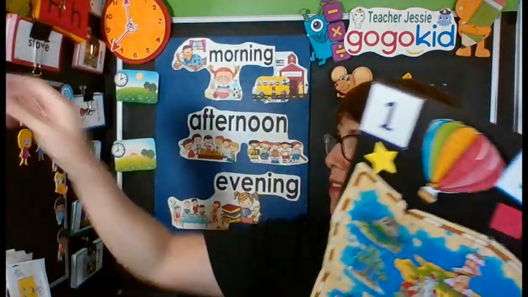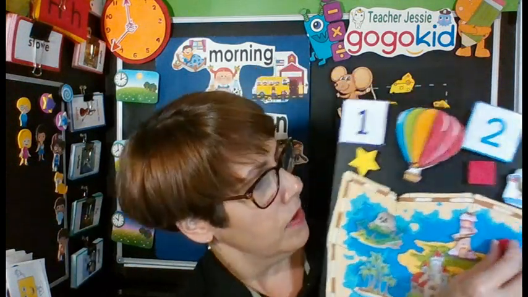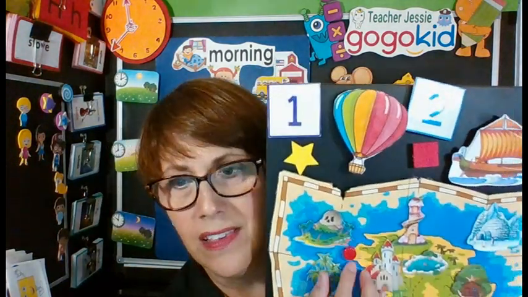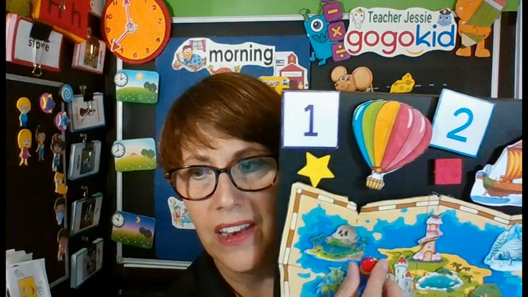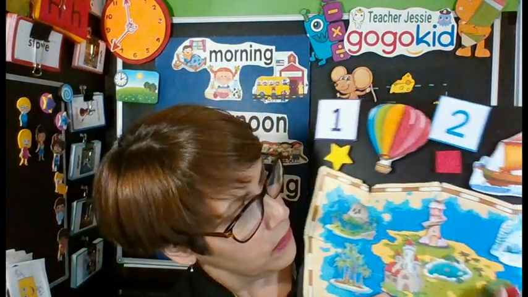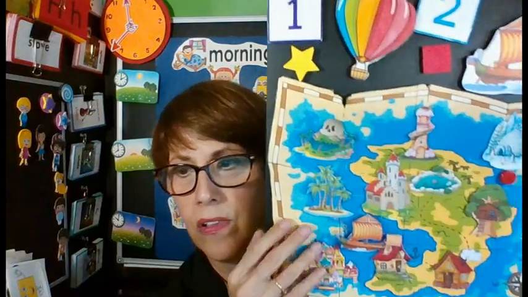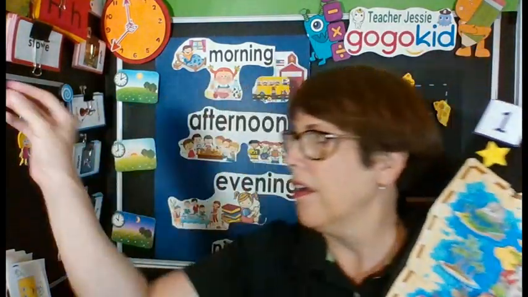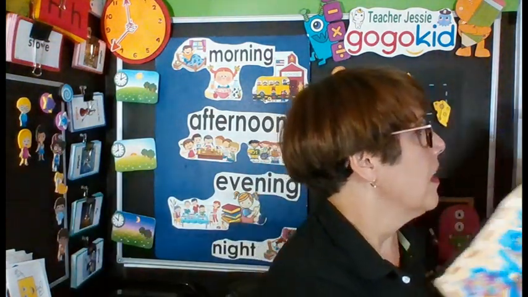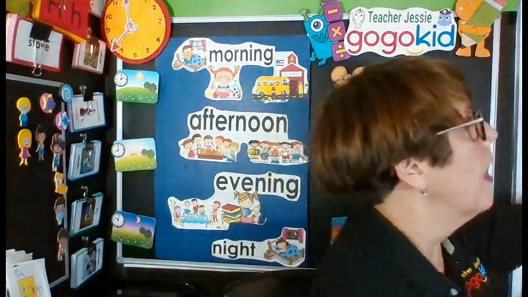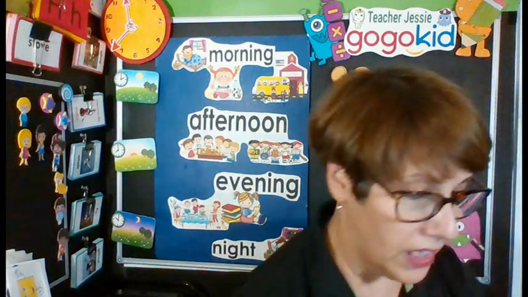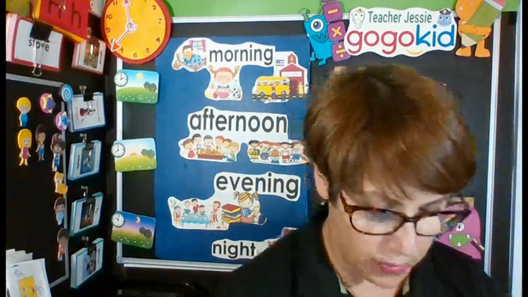And I have these magnet dots, so I can say, oh, we need to go to this island, Iceland. So I would put the steps where I need to go there.